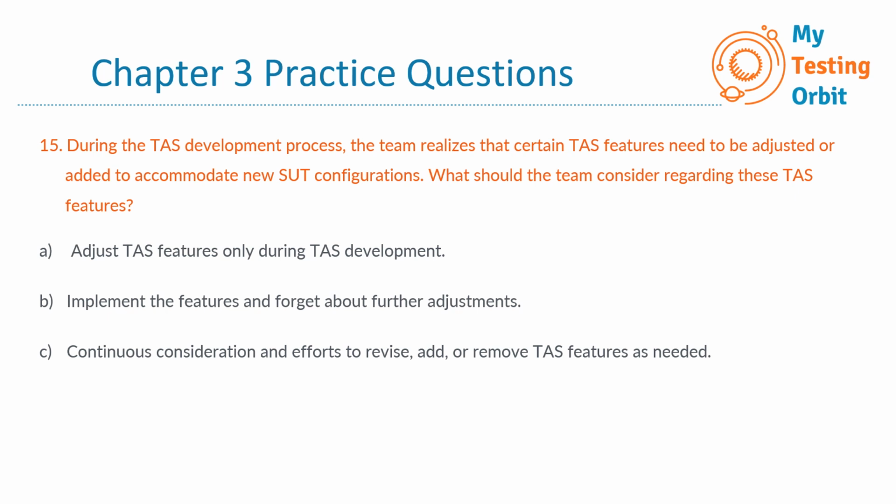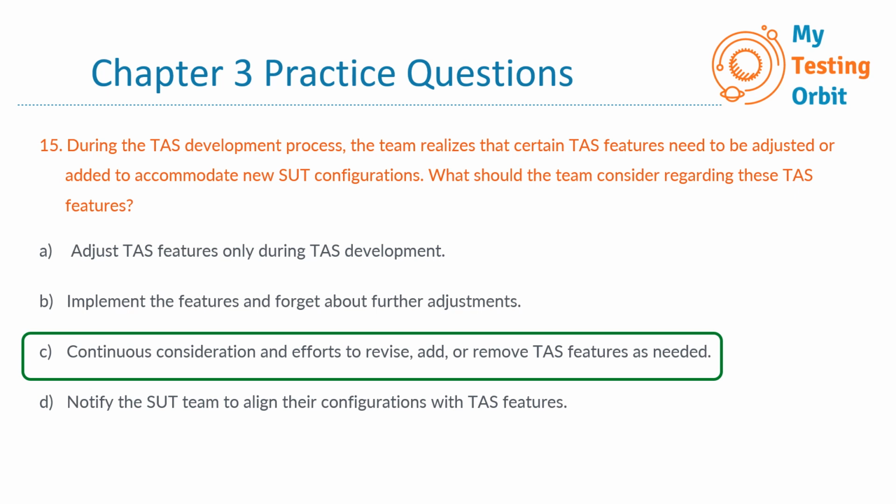Option C, continuous consideration and efforts to revise, add or remove TAS features as needed. And option D, notify the SUT team to align their configurations with TAS features. And the correct answer is option C, continuous consideration and efforts to revise, add or remove TAS features as needed.